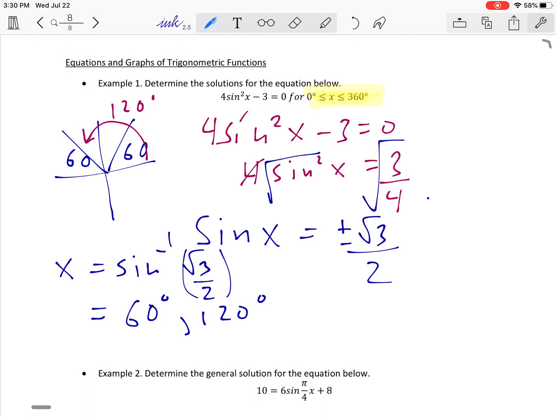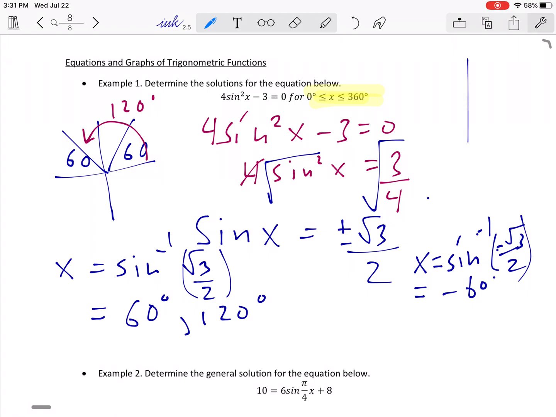And then when we do the other one, this is the inverse of negative root 3 over 2, and that's going to give you negative 60 degrees.